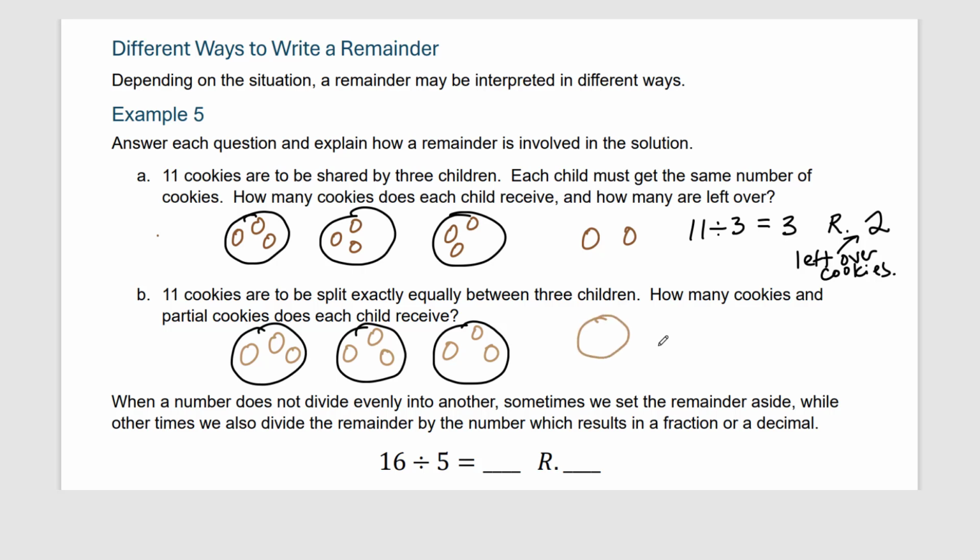But let's think about these 2 leftover cookies. I'm going to split each one of them equally between the kids. So in other words, I'm going to have to divide them into 3 equal sized pieces. So if I do that, each kid is going to get a piece of this cookie and a piece of this cookie. So each kid is going to get a partial cookie.